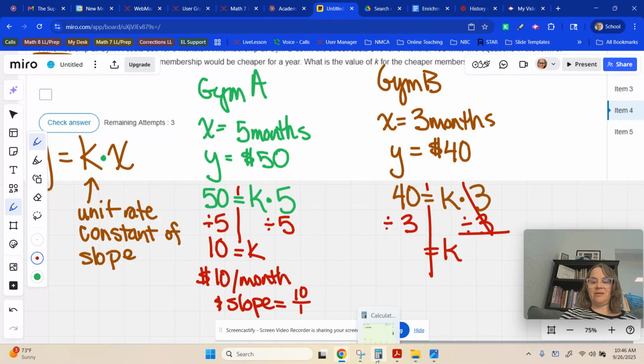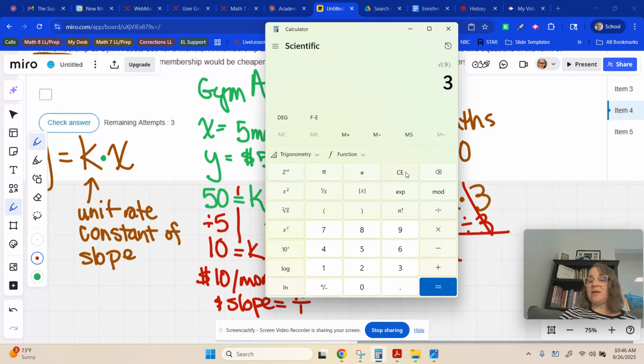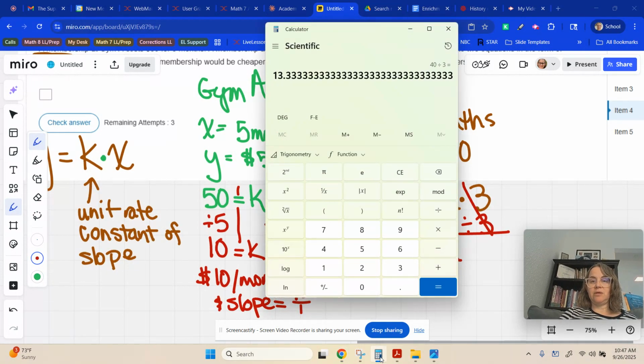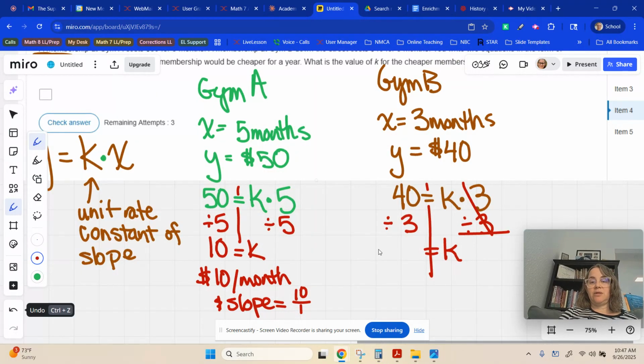Oh, man. This is money, so it makes sense to just get a decimal, right? Because we don't really measure our money in fractions that much. $13.33. Wait, is that 14 or 13? Hold on. 13. 13.33.